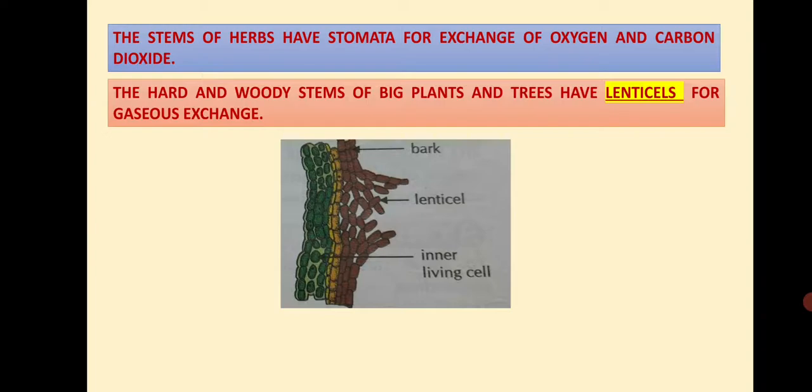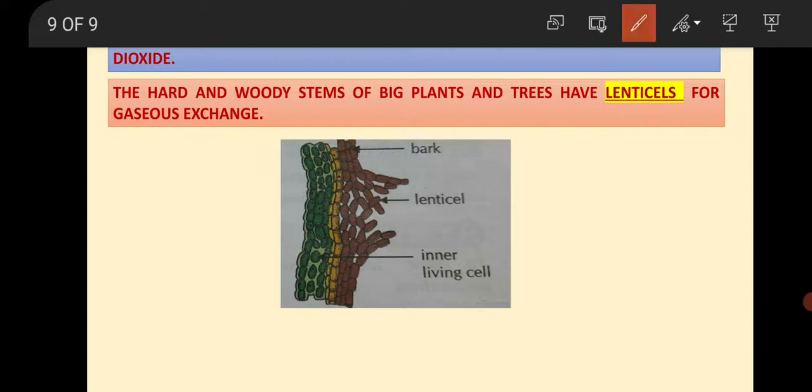exchange of gases. So here you see lenticels are present in the bark of the woody stems. Clear? Where cells are very loosely packed, that means the cells are not very compact. You can see in the picture the cells are not packed very closely, they are loosely packed and have intercellular spaces.